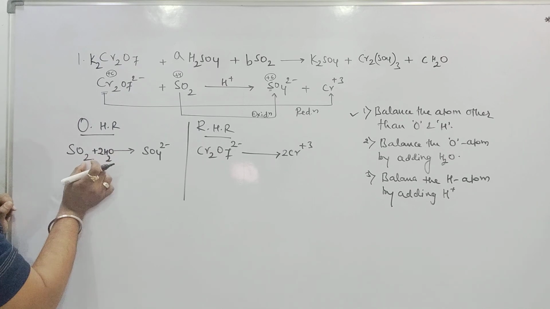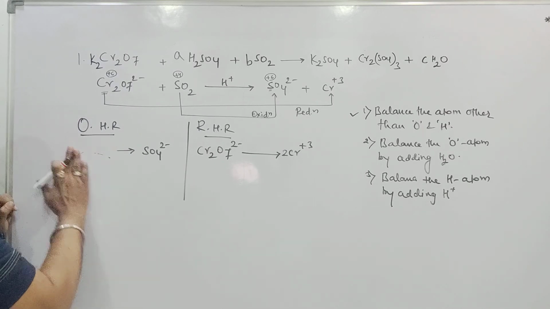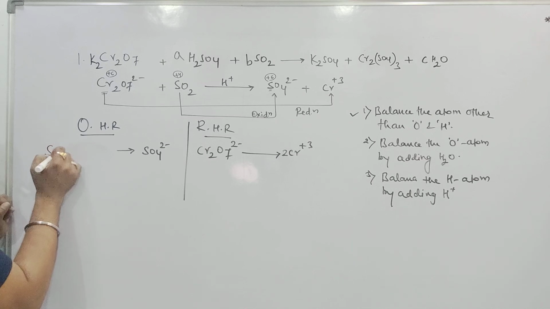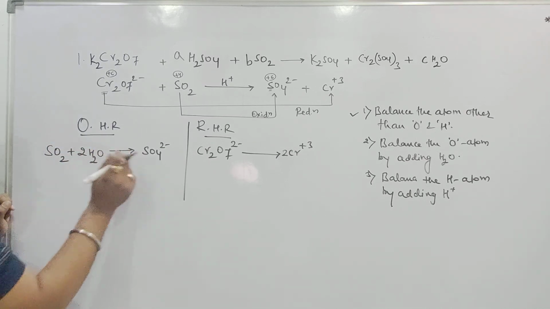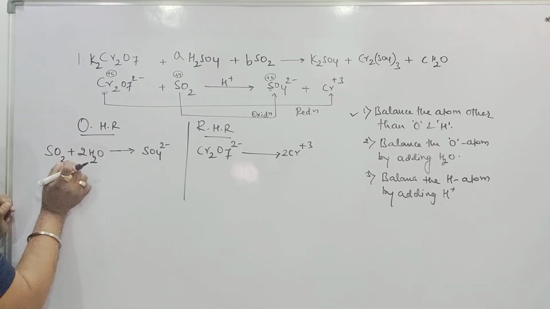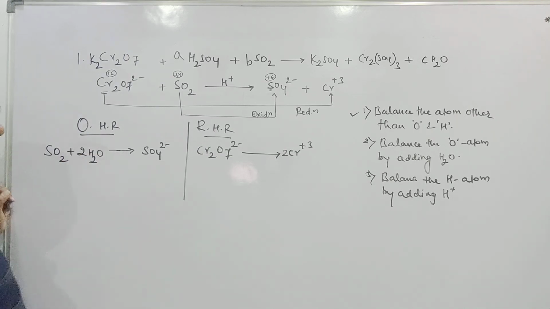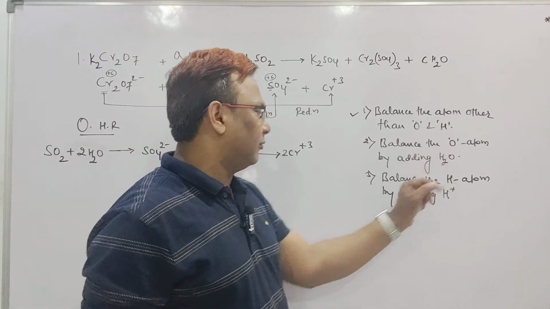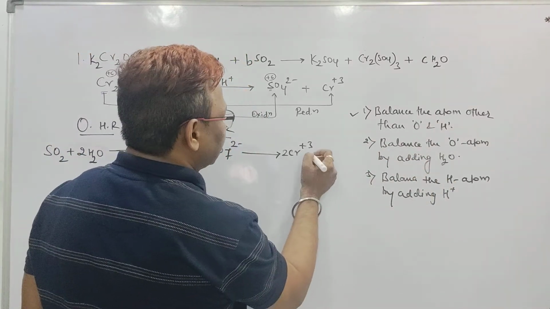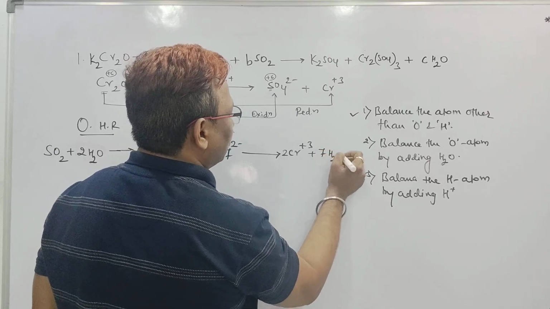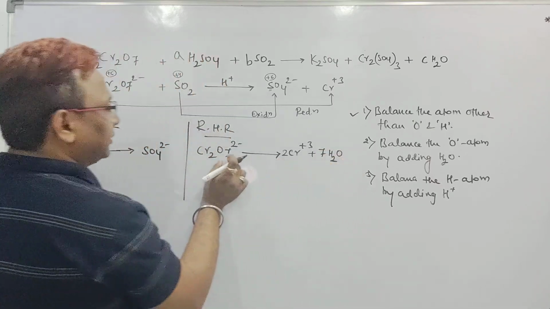See beta, 2 oxygen plus 2, 4 oxygen, 4 oxygen. Here it is SO2 plus 2 moles of water converted into sulfate. Now balance the oxygen on the other side by adding water: how many oxygen do we have here? 7. Here nothing is there, so add 7 H2O. 7 oxygen here, 7 oxygen here.